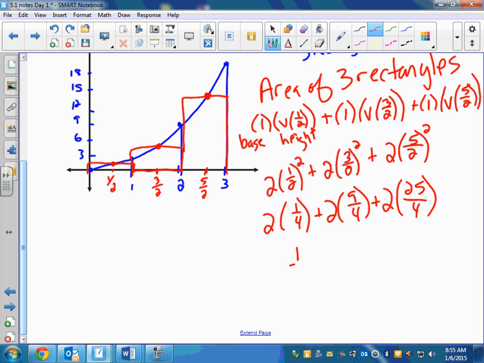So that's 1 half plus 9 halves plus 25 halves. So 35 halves, is that right? Did I do that right? My brain's not a brain.